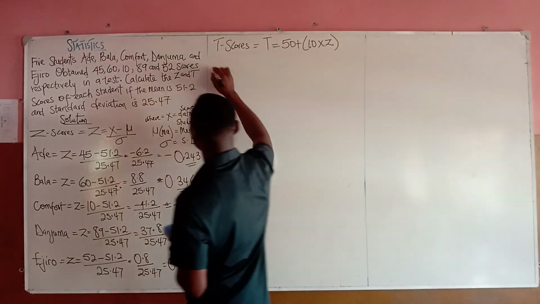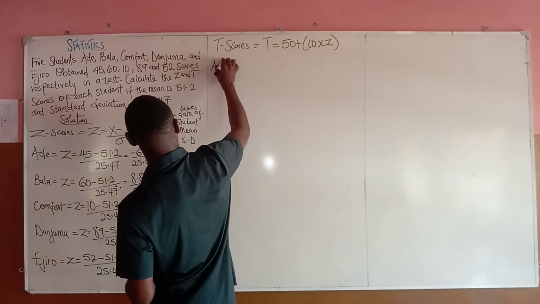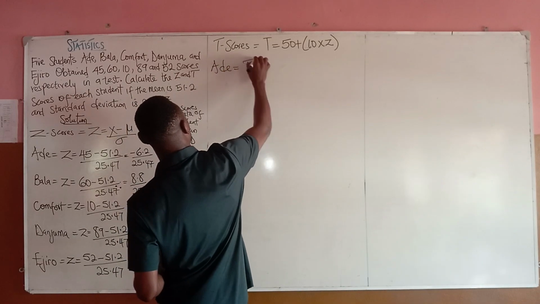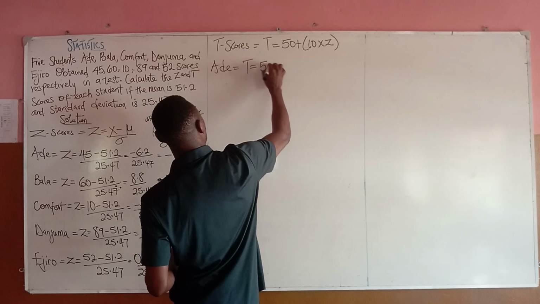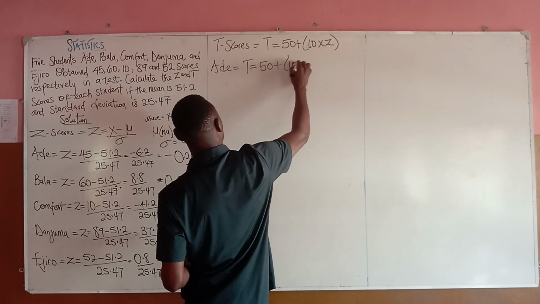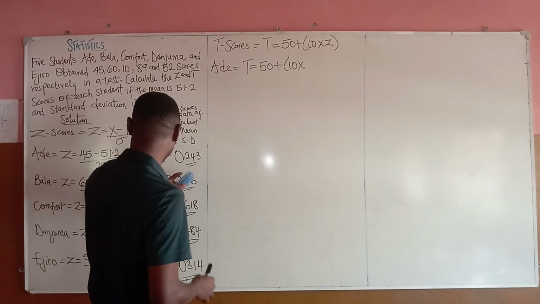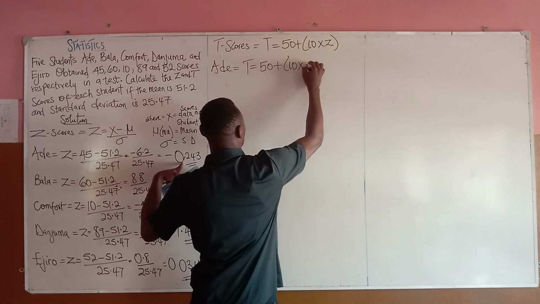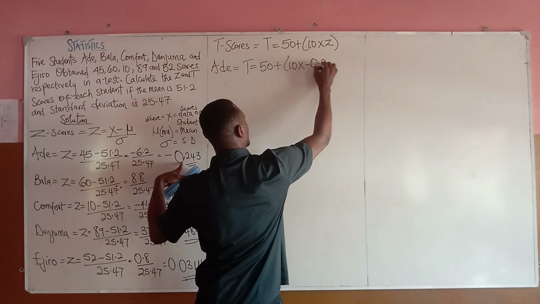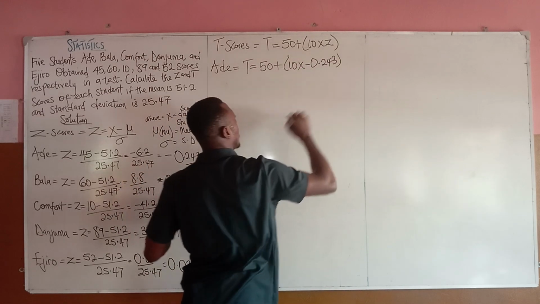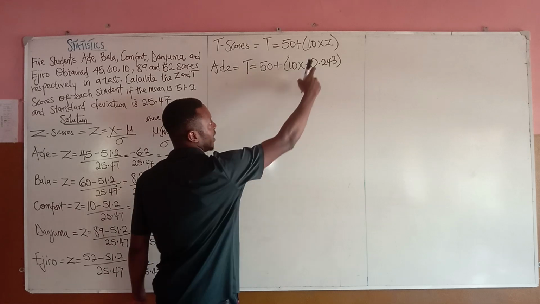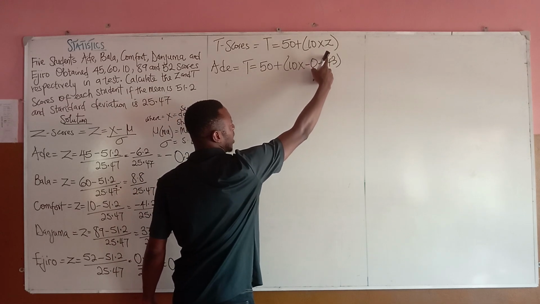Now, let's go to the individual students. We start with Ade. Ade's T score is what? 50 plus open brackets 10 multiplied by his Z score. The Z is negative 0.243. Multiplying any number by 10, just move the decimal place one step.